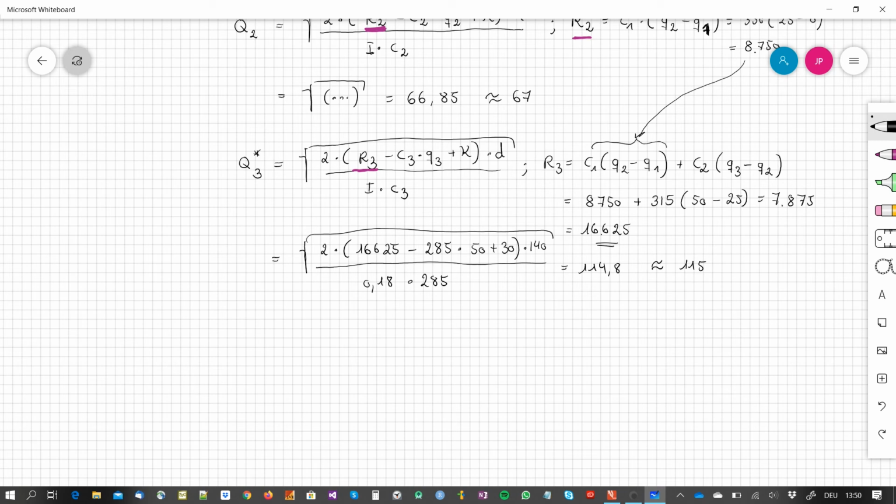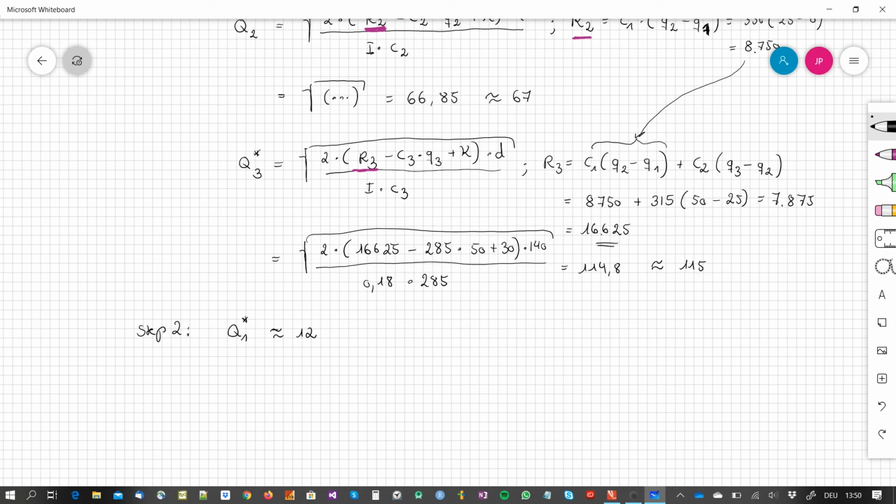Step 2 is now to check for feasibility of the optimal order quantities within the ranges. So Q1 was, I state the approximate numbers, but we do not have to round up.